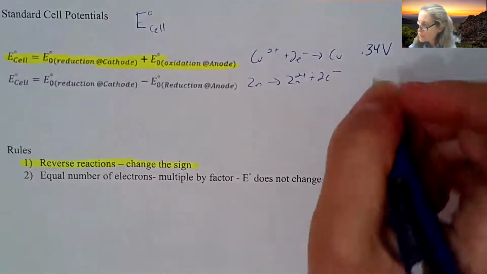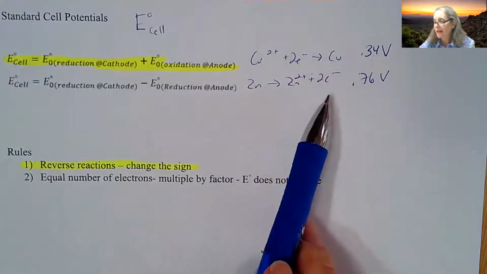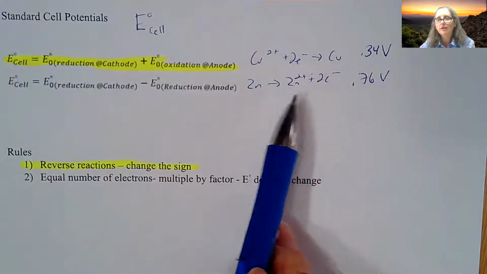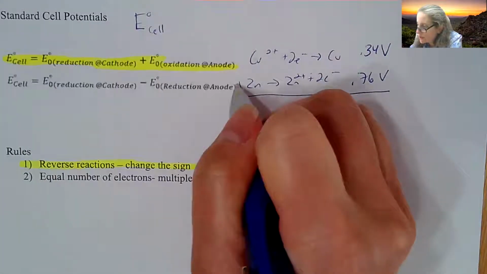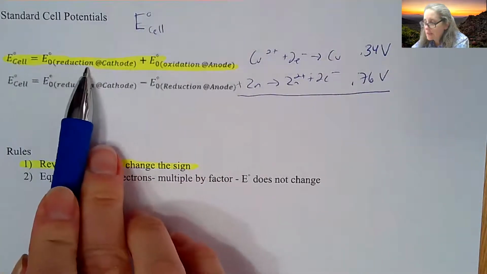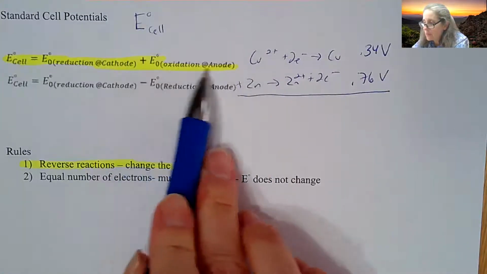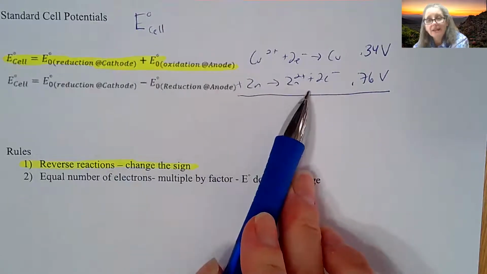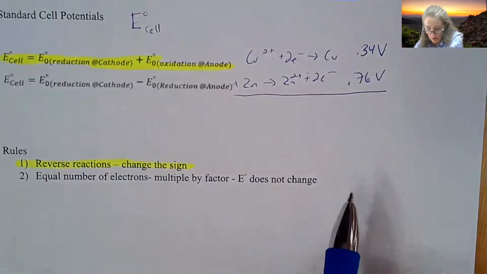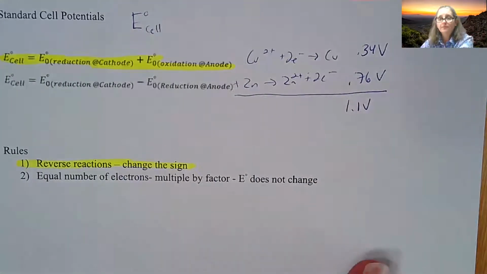So I'm going to change this to 0.76 volts because this is an oxidation reaction, not a reduction reaction. With the cell potential, I take the one that's being reduced, and I add it to the one that is being oxidized. So I flip this reaction and write it as an oxidation reaction. When I do that, I get a voltage of 1.1 volts.